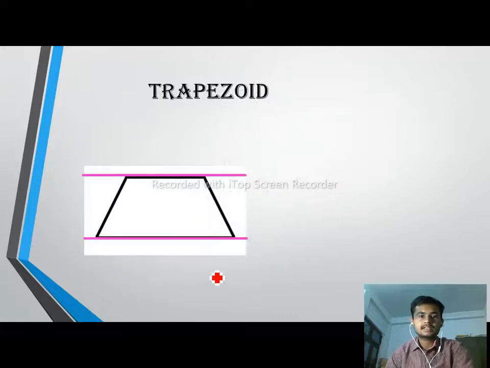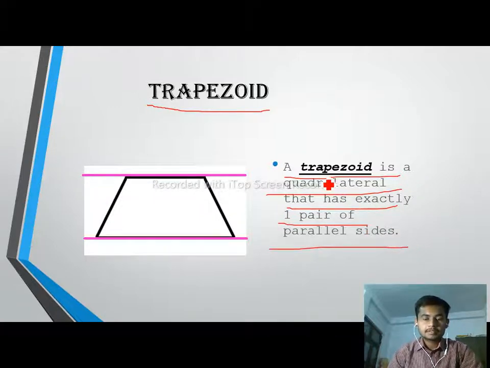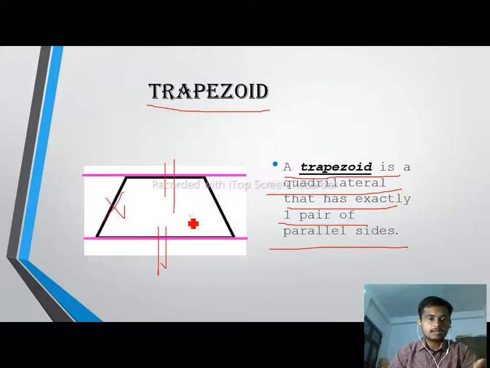Now let's discuss the trapezoid type of quadrilateral. A trapezoid is a quadrilateral that has exactly one pair of parallel sides. Like these two sides are parallel, but these sides are not parallel.